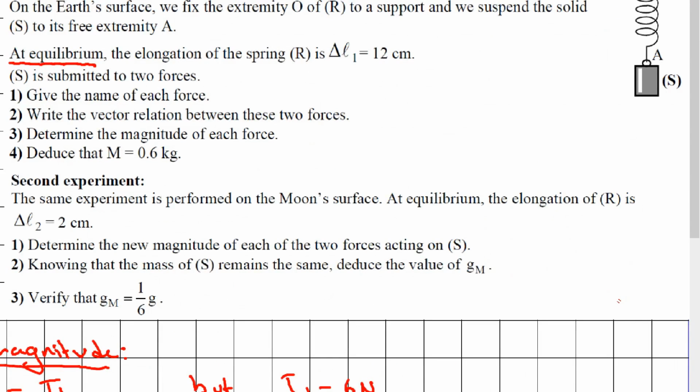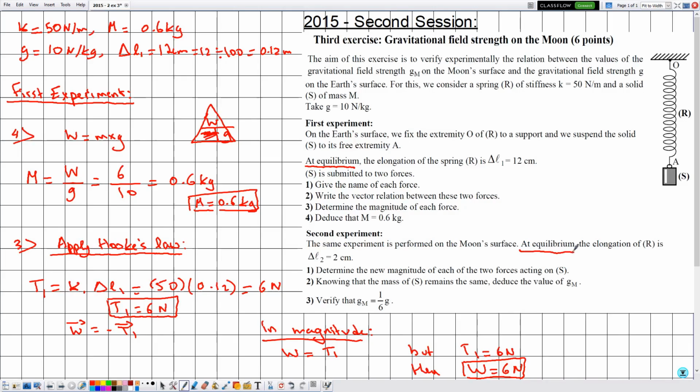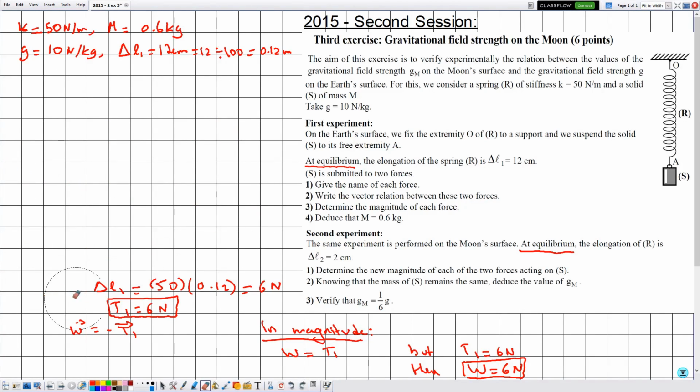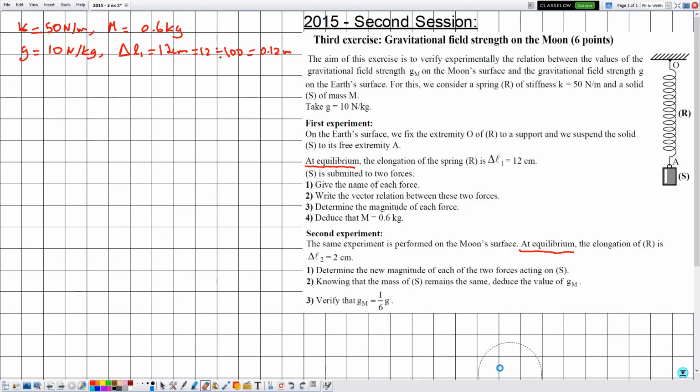Now we are in the second experiment. The same experiment is performed on the moon's surface at equilibrium. The elongation of the spring, delta L2, is equal to 2 centimeters.